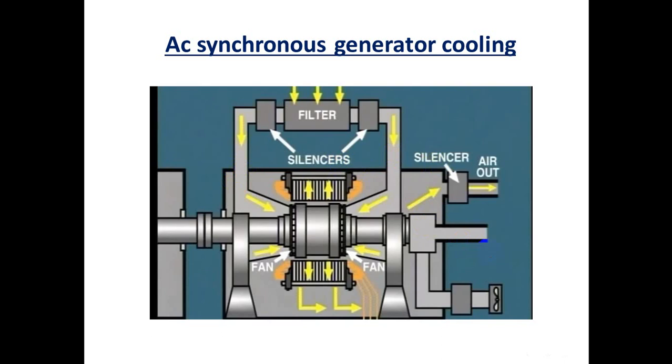Direct water cooling in the synchronous generator. As hydrogen cooling is not sufficient to extract heat generated in the large turbo alternators of sizes 500 megawatts or more, for such large machines the volume of hydrogen gas required may be so large that its use may become uneconomical.